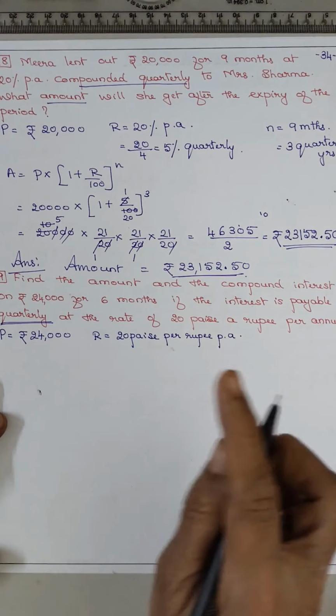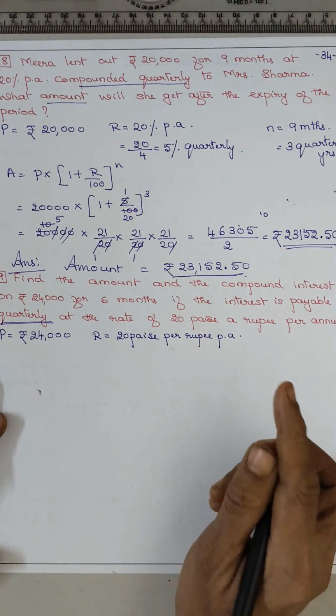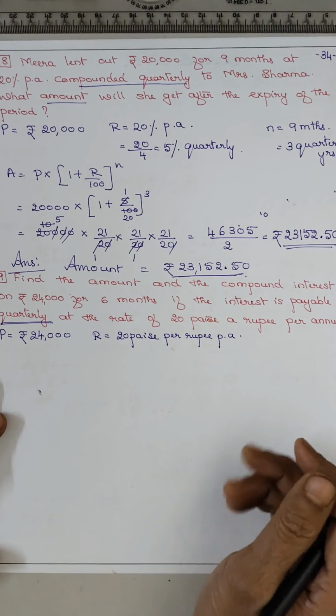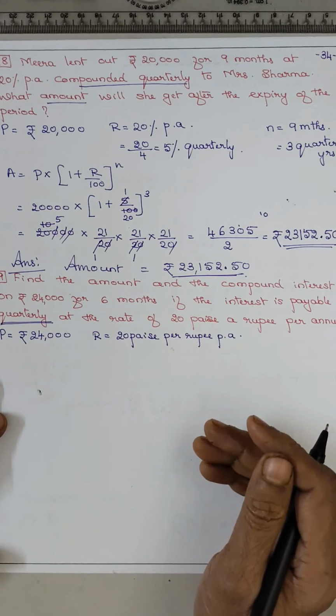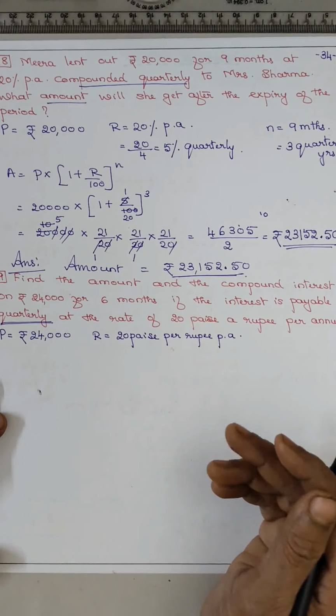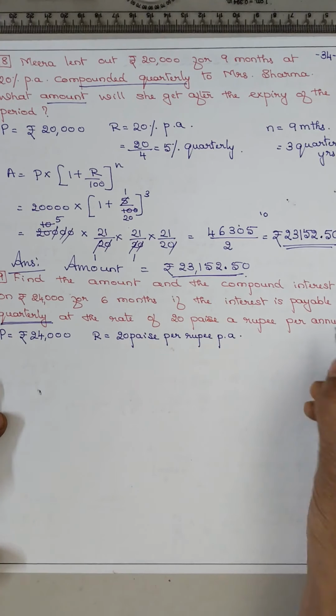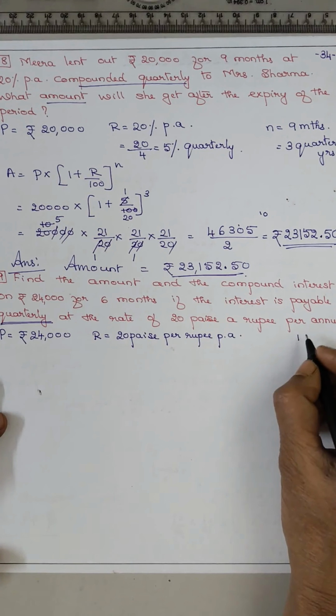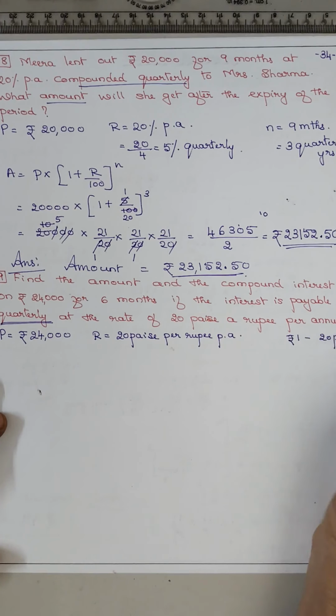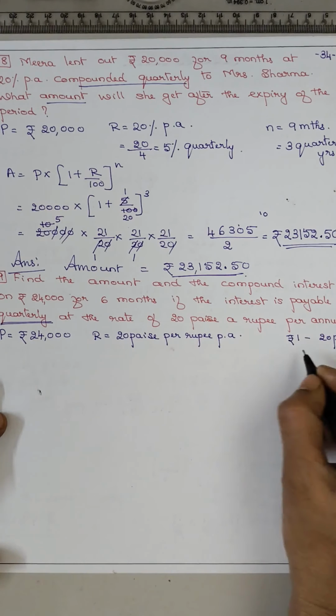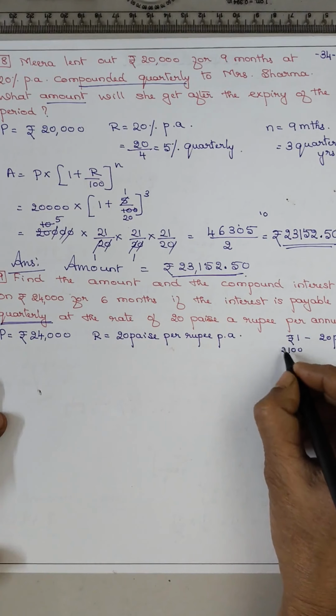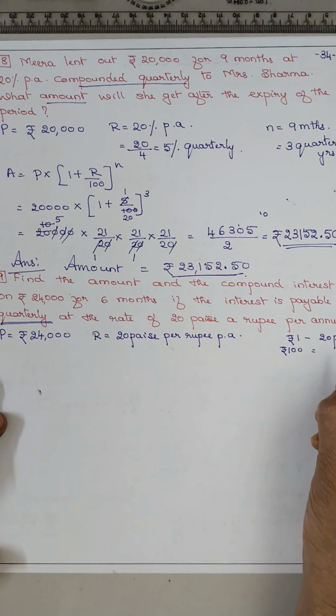20 पैसे per rupee, but rate of interest always calculated on 100 rupees, isn't it? 1 rupee के लिए आप लोग 20 पैसे, so 100 rupee के लिए कितना आएगा?